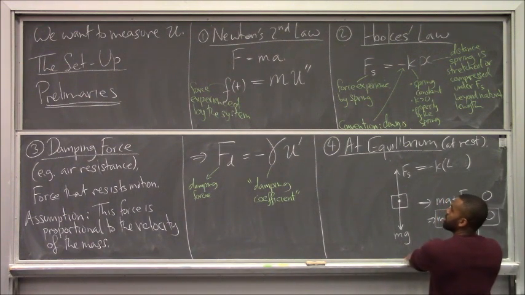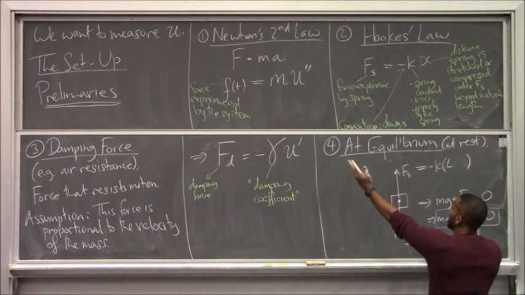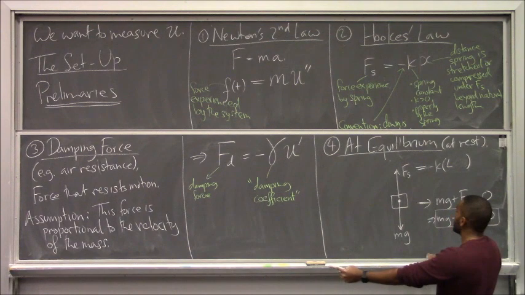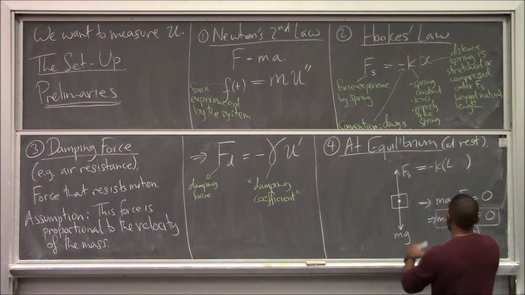Okay. Any other facts? Newton's second law tells us that there must be a function governing u in terms of forces acting on u. Hooke's law tells us about that. The damping idea tells us about that. And at equilibrium we have this. What's our assumption for gravity?